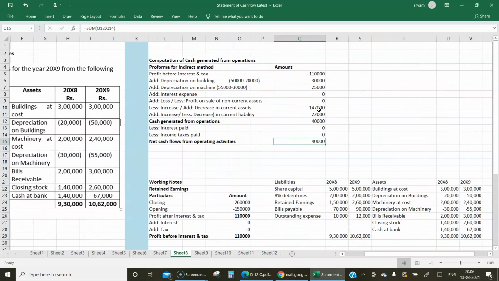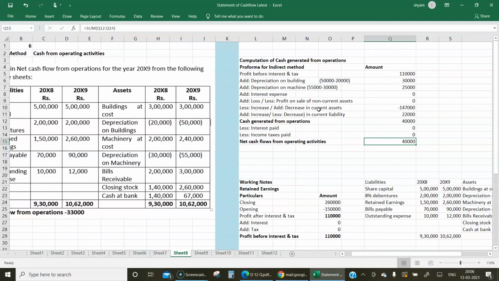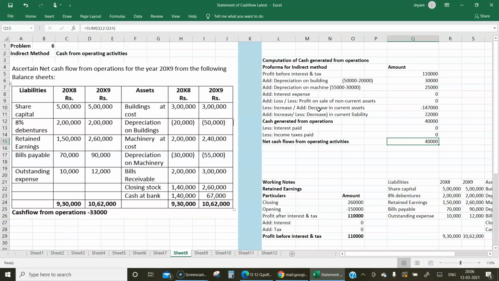So is there any change or anything? We'll just check. Okay, so let's check whether the numbers are pulling properly. Okay, the numbers are not pulling properly.